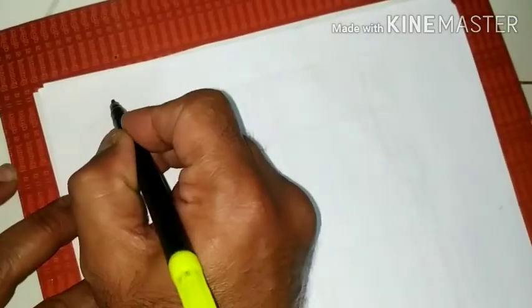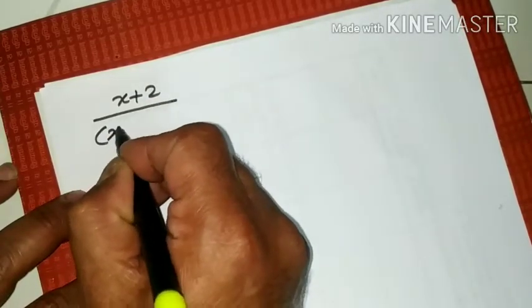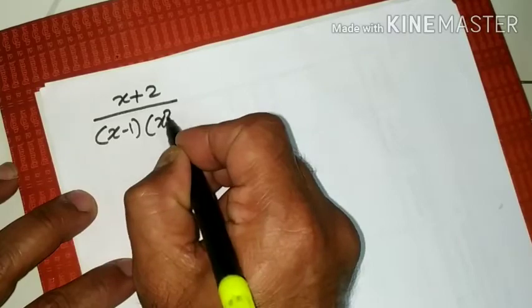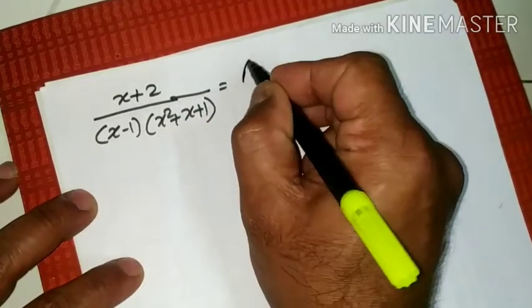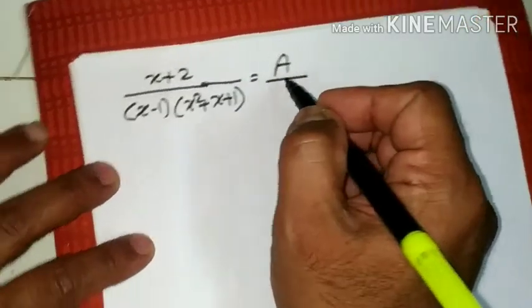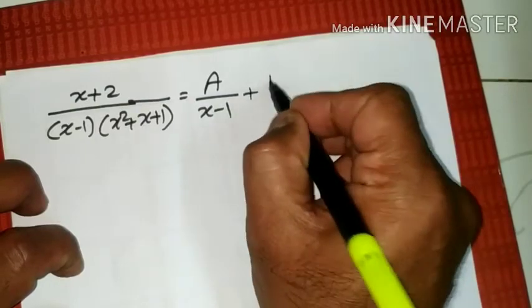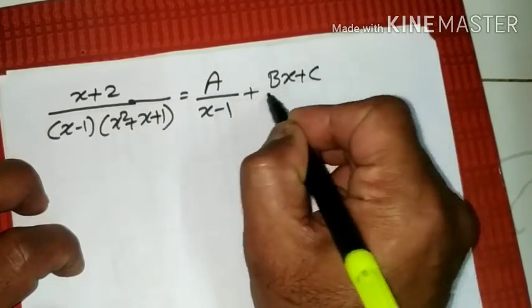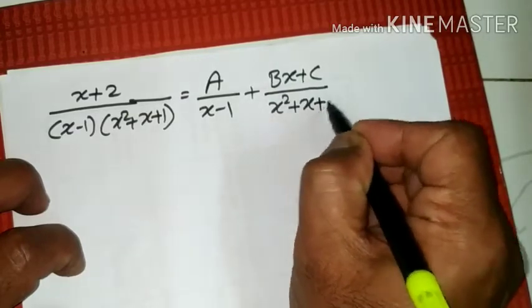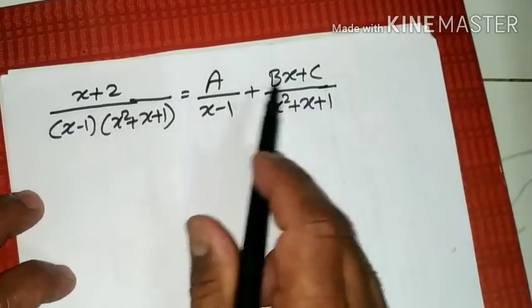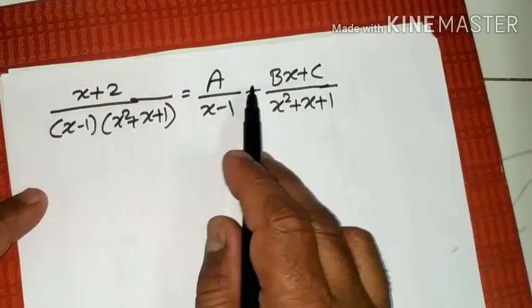For example, (x plus 2) divided by (x minus 1)(x square plus x plus 1) is equal to A divided by (x minus 1) plus (Bx plus C) divided by (x square plus x plus 1). Here A, B, C are arbitrary constants whose values we want to determine.